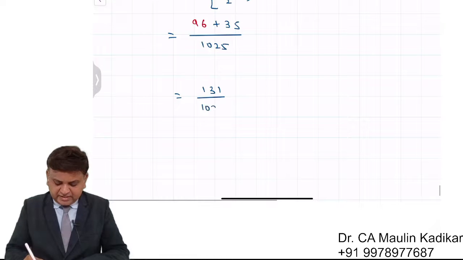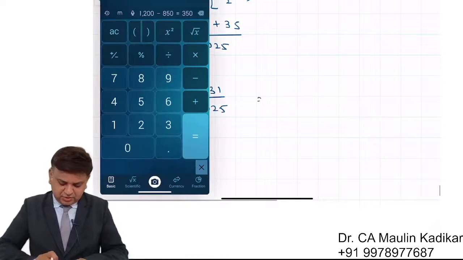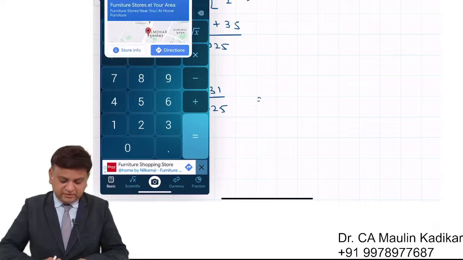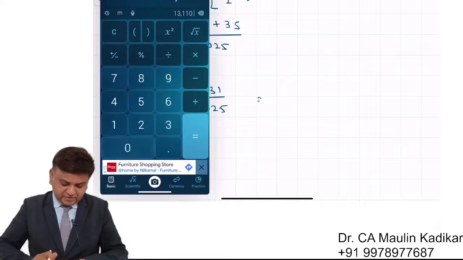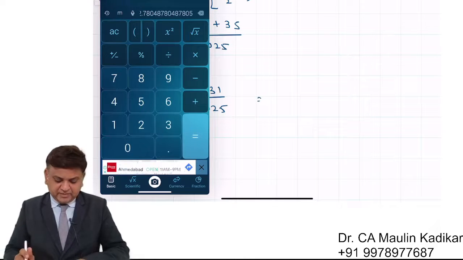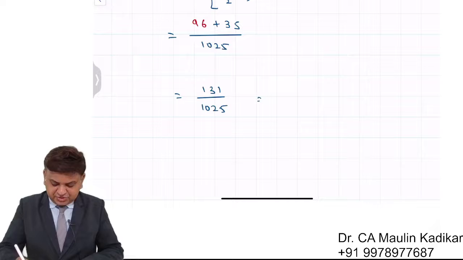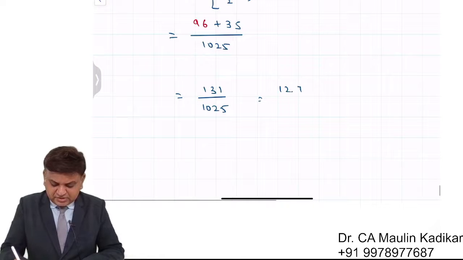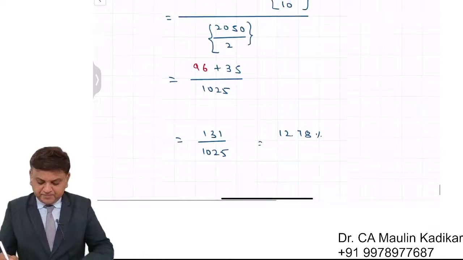And accordingly we make the calculation of the answer. So it is 131 divided by 1025. That comes to 12.78%. This is the way the answer is calculated.